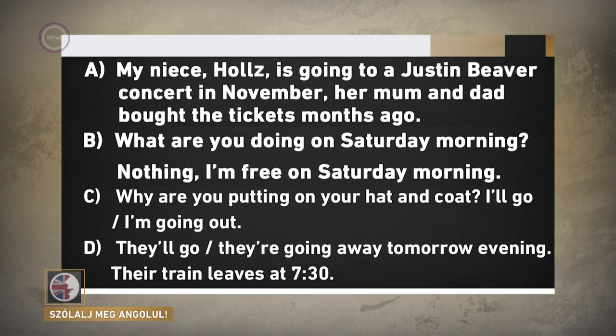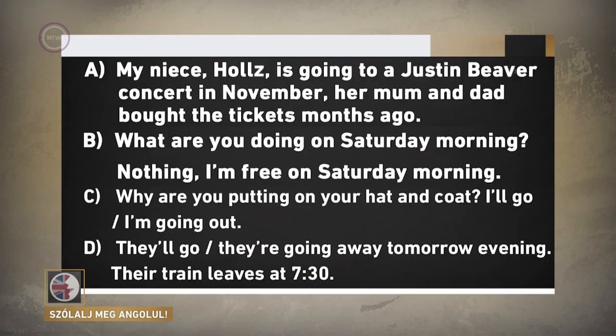Excellent. Now, what about the next one? Well, in that sentence, the person who is asking the question is asking about the future, obviously. But they can see that you're putting your hat and coat on. So this means that you plan to go out. You're getting ready to go out.